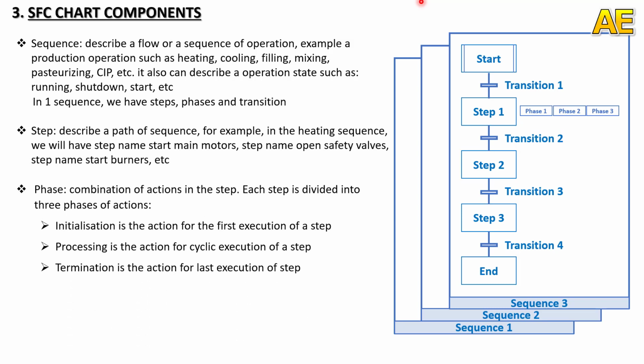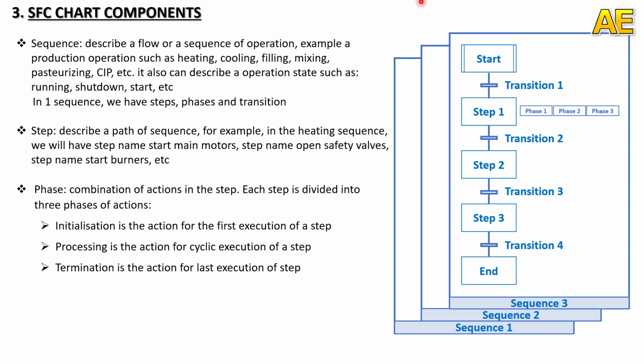Next is the phase. A phase is a combination of actions in the step. Each step is divided into 3 phases of action. The first phase is initialization. In this phase, the action will be executed in the first execution of the step.